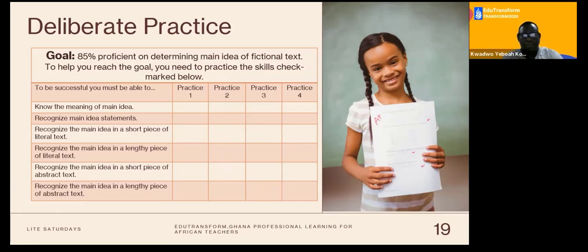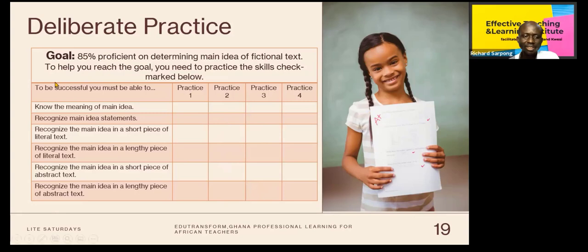We'll do it again with a different set of questions, similarly testing the same skill level, until you are satisfied that every child in the class is demonstrating 85% proficiency in that particular skill or knowledge that he has been exposed to through instruction, right?